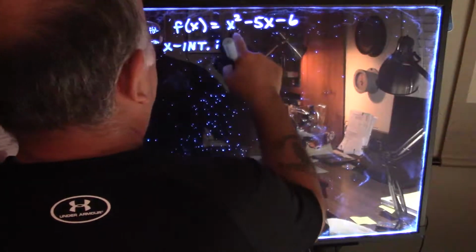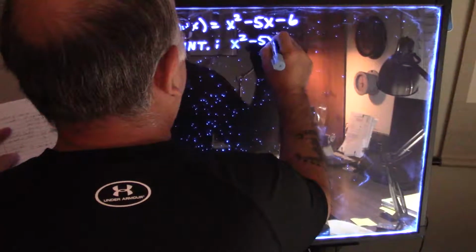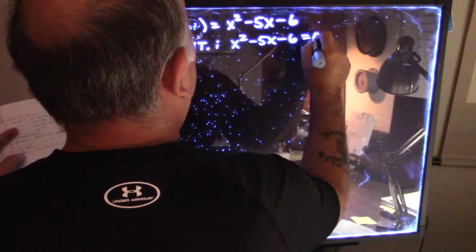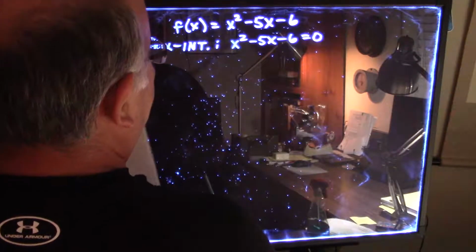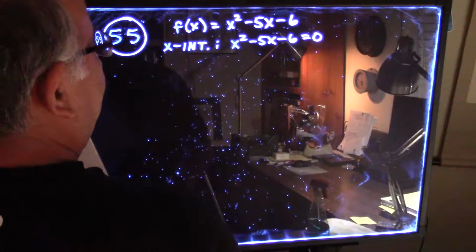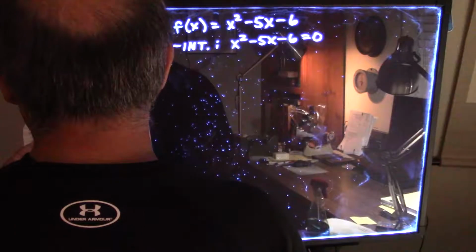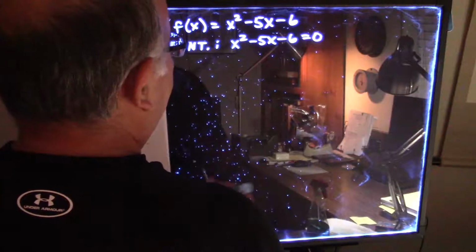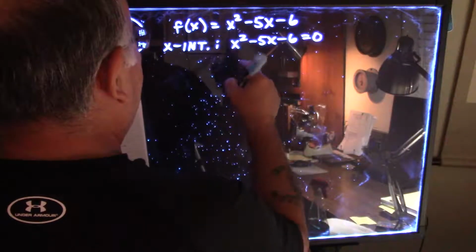So we'll set the function equal to 0 and solve for x. Now when you solve these, of course you could complete the square or you could use the quadratic formula, but if you can factor, that's the easiest way. You can't always factor, but completing the square and the quadratic formula always work. But this one can be factored.